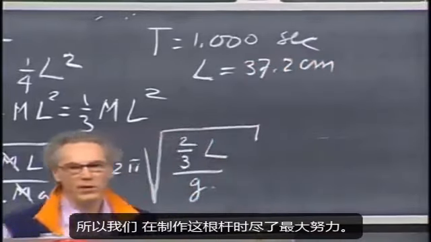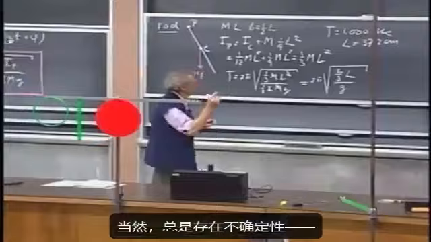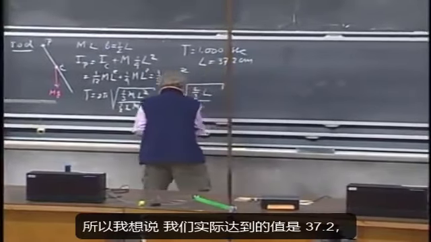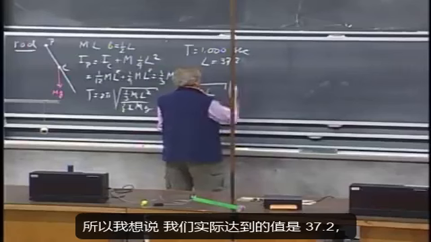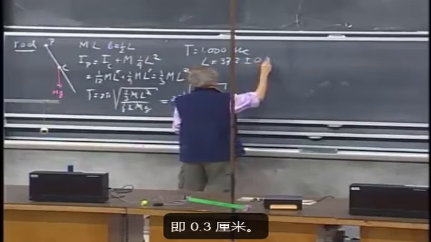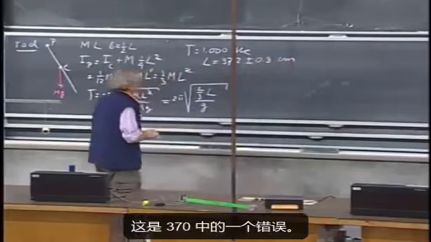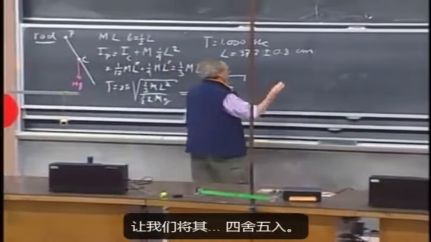So we did the best we can when we made this rod. There's always an uncertainty, of course, how you drill the holes and where you drill the holes. So I would say the value that we actually achieved is 37.2, probably with an uncertainty of about 3 millimeters. So 0.3 centimeters. That is an error of 1 part in 370. Let's round that off.